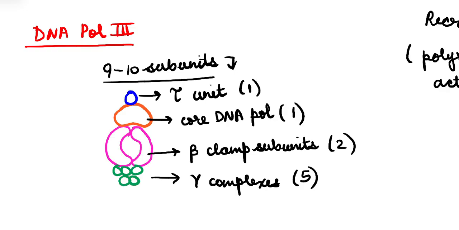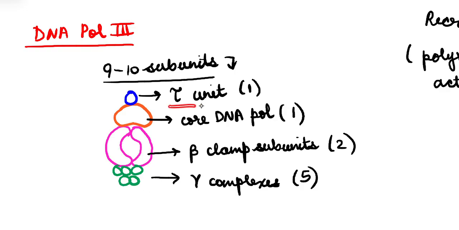Then above them is the main enzyme, that is core DNA polymerase. It is only one in number. So this core DNA polymerase is the enzyme which is actually going to do the replication. The holding of the strand will be done by the beta clamp, and the opening and closing of these beta clamps will be done by the gamma complexes.